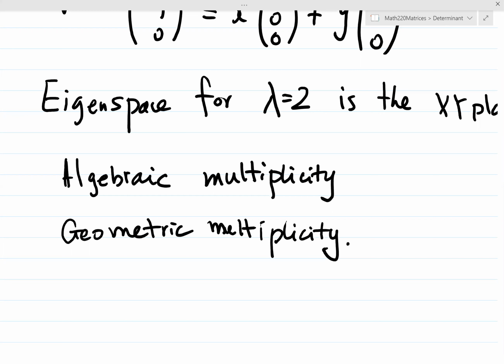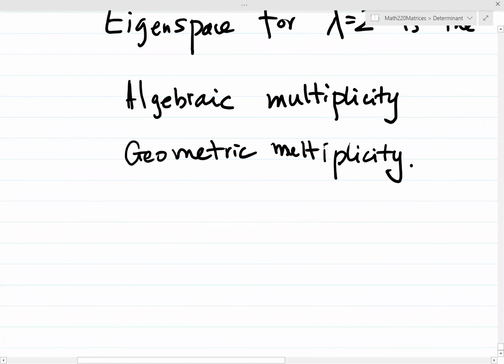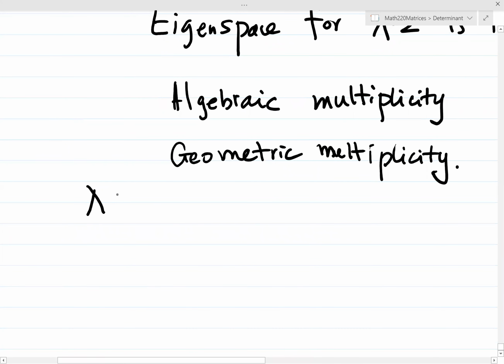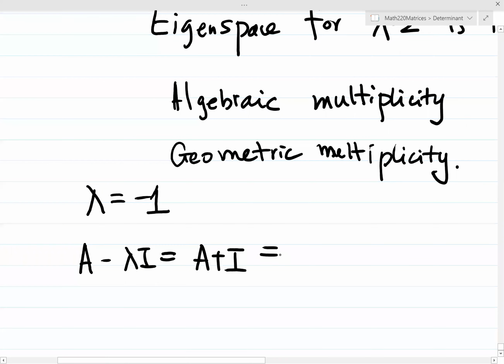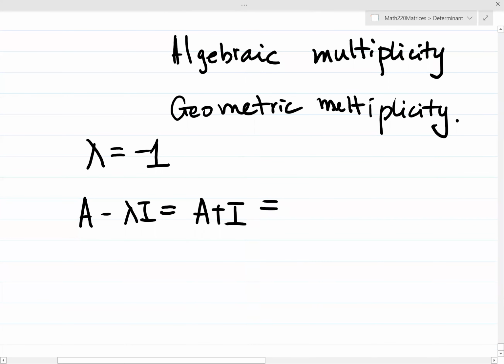Now the eigenvalue -1. If lambda is -1, then subtracting lambda I means we add I. Remember A has diagonal entries 2, 2, 1, and the entry 1 here, with all others 0.